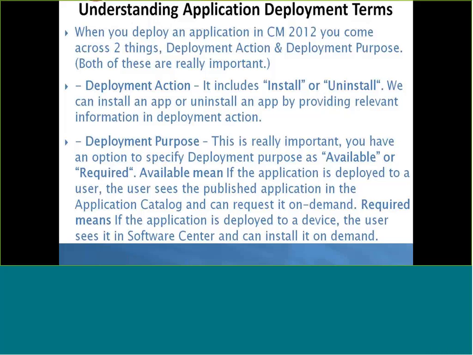So it's your job now. In 2 weeks or less, you can start uninstalling or upgrading, which might override the deployment, or might uninstall Adobe Acrobat 11 first and then install Adobe Acrobat 12. So we can install or uninstall an app by providing relevant information in deployment action. You need to decide that action of install or uninstall.